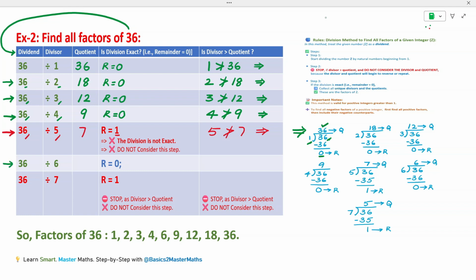Here, when we divide 36 by 6, we get 6 as the quotient and 0 as the remainder. In this case, the divisor is 6, which is not greater than the quotient 6. So, continue to the next step.